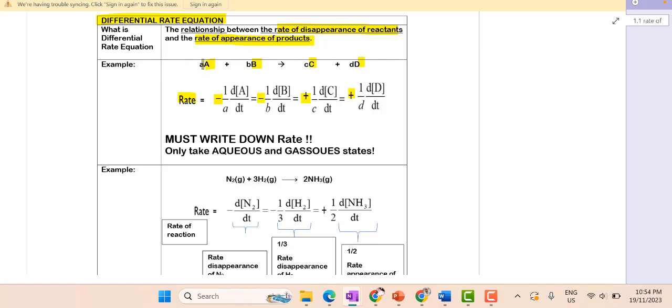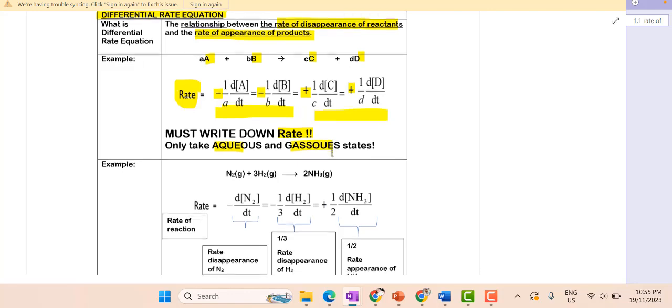If we have 2 moles of A, so 1 over 2. If we have 3 moles, so 1 over 3. So you need to write down the rate: the rate of reaction is equal to the rate of disappearance of reactant, equal to the rate of appearance of product. This equation we call the differential rate equation. It only takes aqueous and gaseous states.